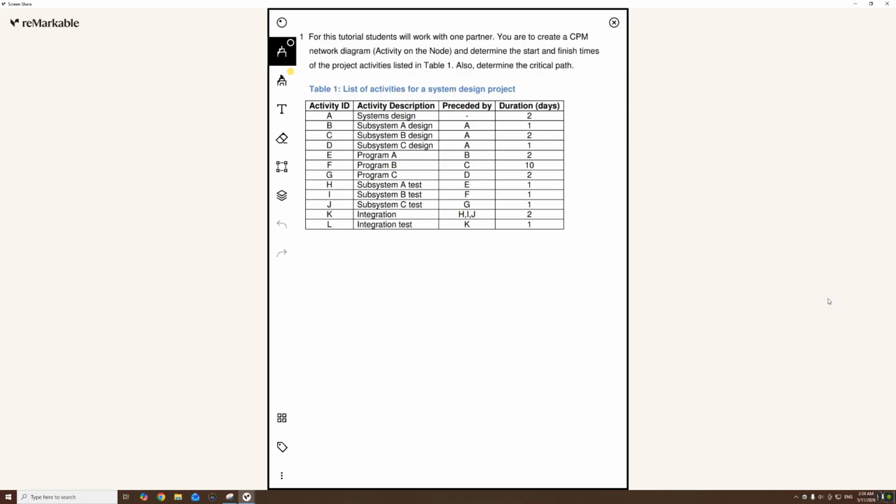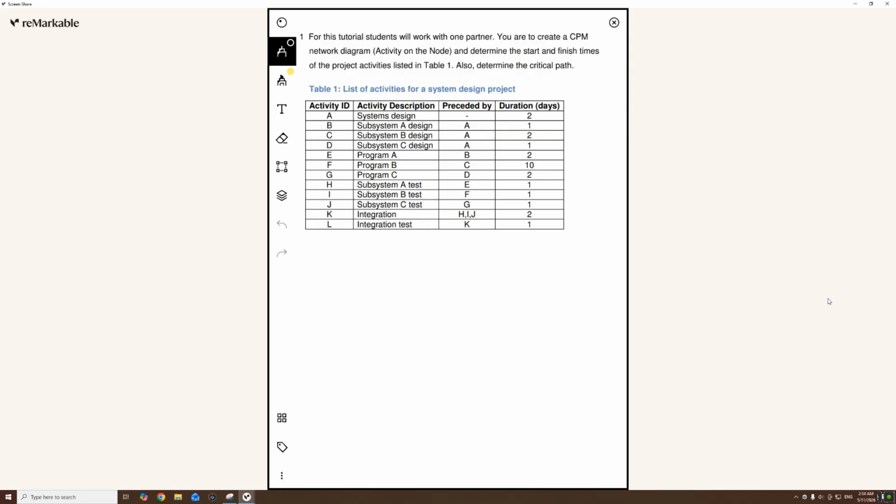So it's basically asking us to create a network diagram and to identify what is the critical path, and then it's giving us a table giving us the information about the project which is divided into tasks from A to L. So the first step is to create your activity and nodes, create your network diagram.